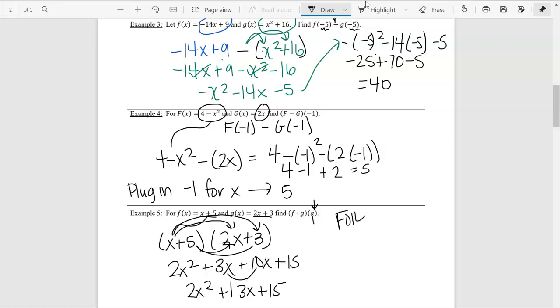Now they want me to plug in an A instead of x. So in our final answer, wherever we see an x, we would want to put the A there to get the right answer.